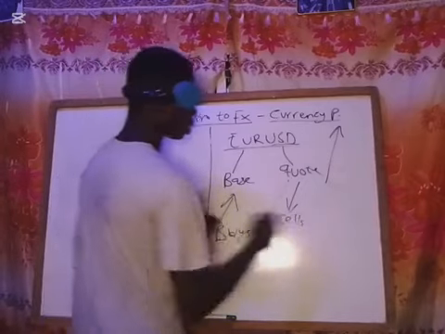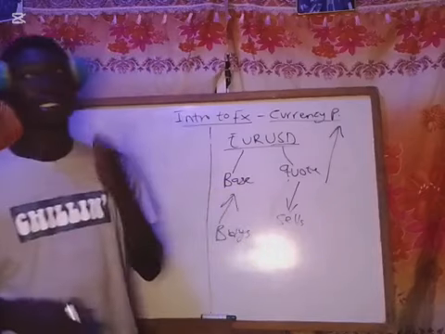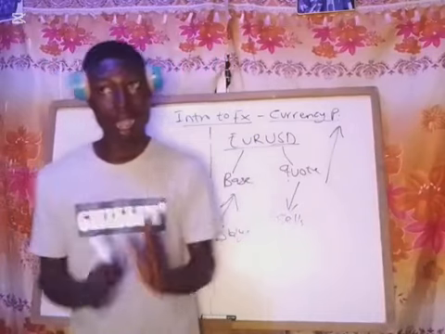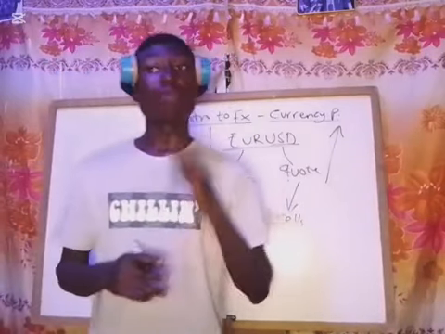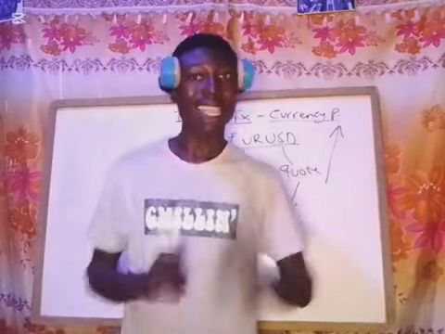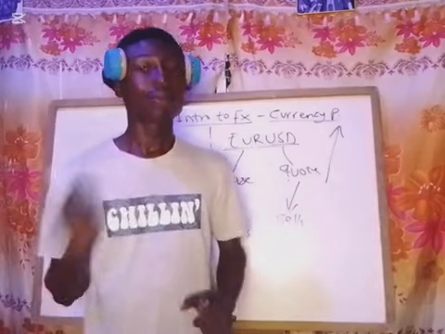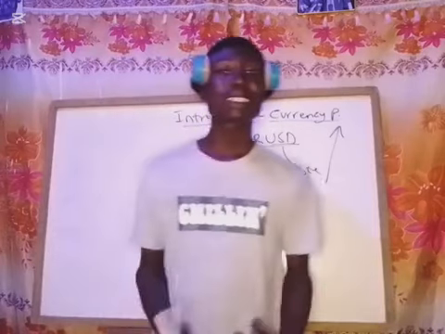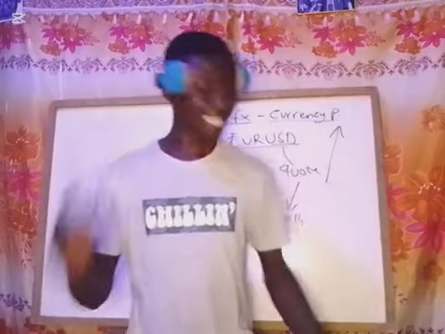Okay, sells and buys. And then one thing I want you to know is that in every pair, whenever you are trading, you automatically buy one and sell the other. Put it in your head. I want you to understand. You automatically buy one and sell the other.